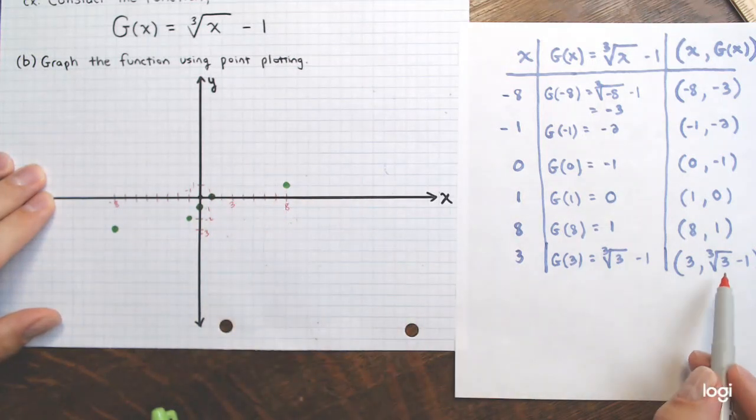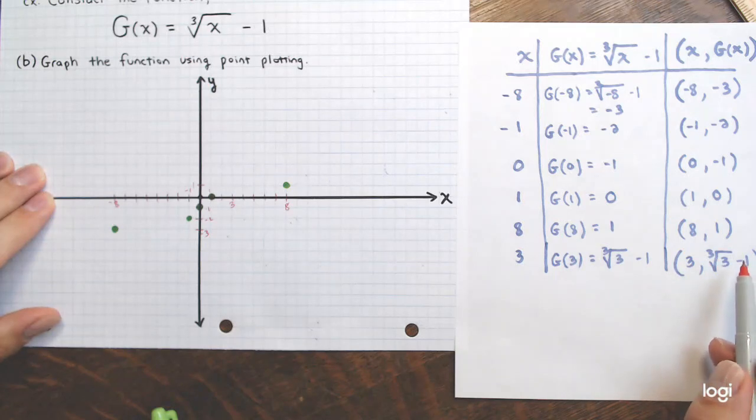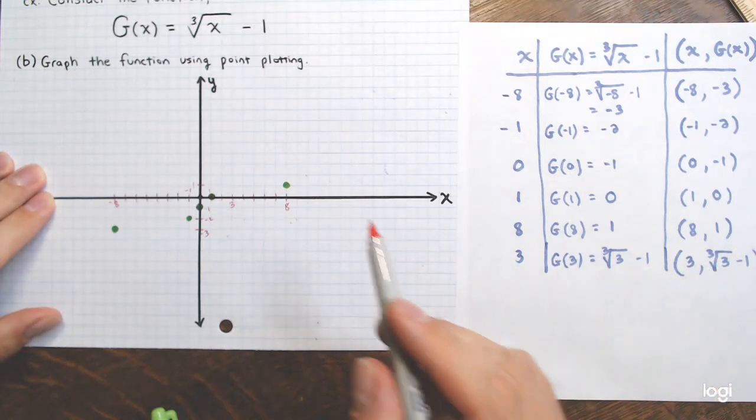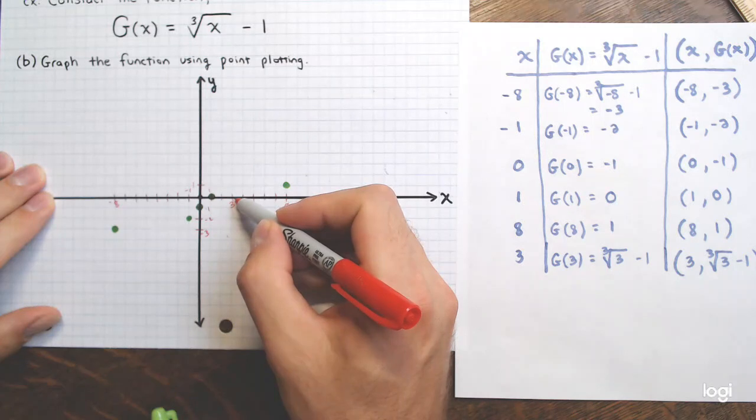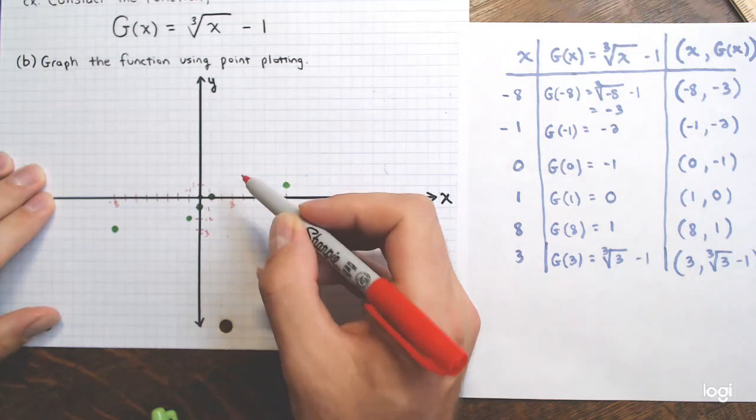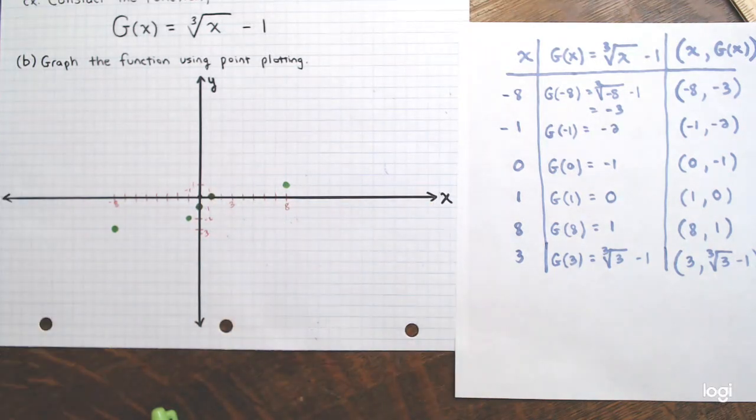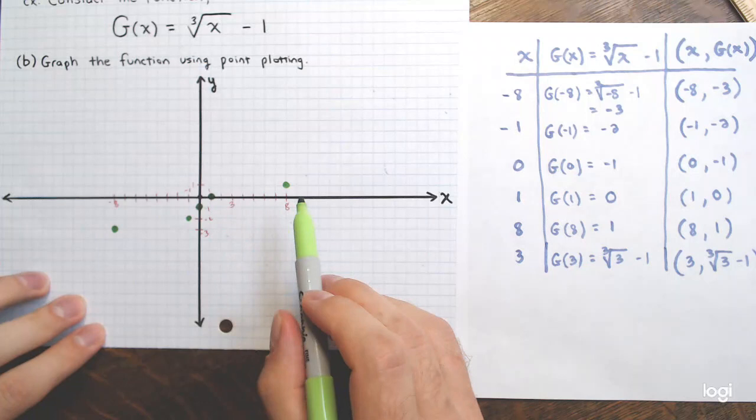And the output is the cube root of 3 minus 1, and as I mentioned, that's going to be between 0 and 1. So when I go to input 3, the output's going to be between here and here. All right, so I'm just going to keep that in mind. Let's say it's about here, right? This little dot.